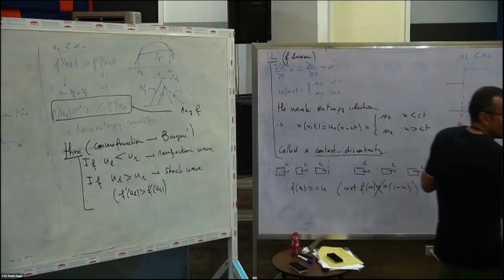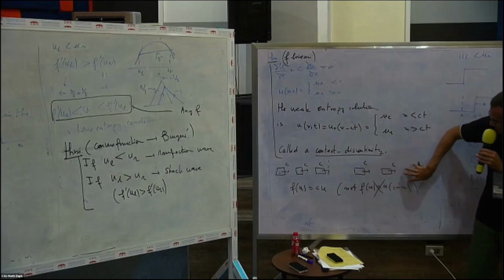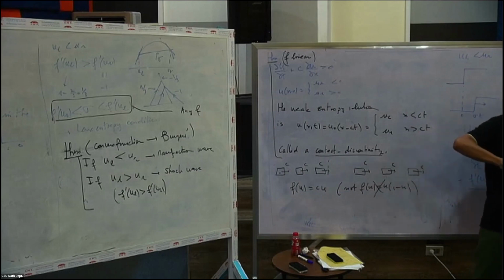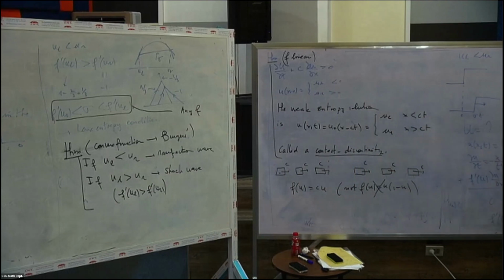So it looks like a shock wave, but it's not a shock wave, because there is no transfer from this to this. When we get a shock wave with the fluid or the cars, first we have some front going to the left, but the cars are coming from the left-hand side to the right-hand side.